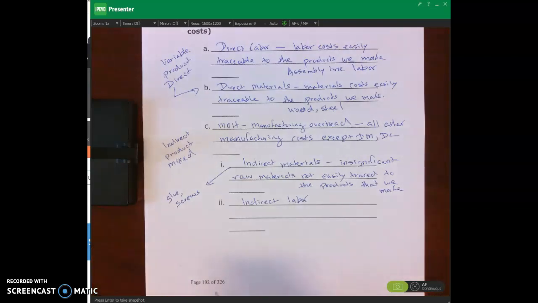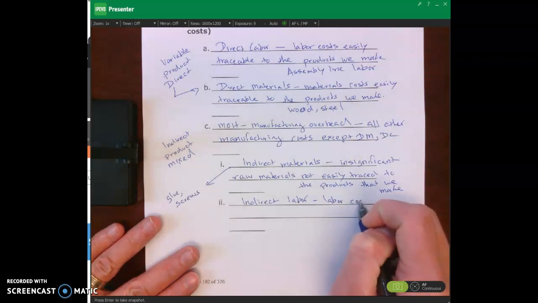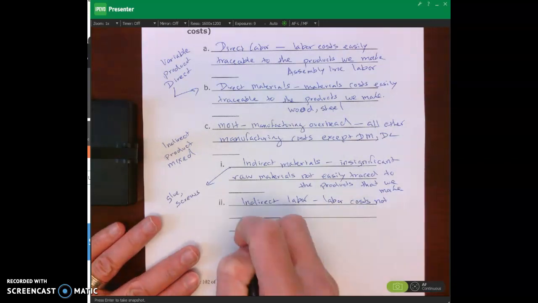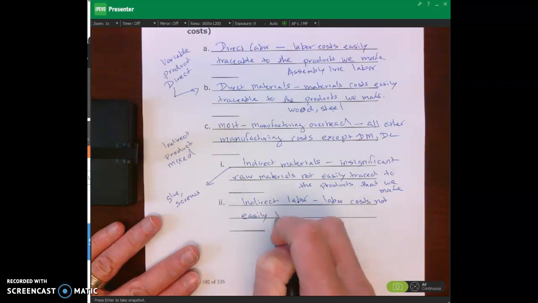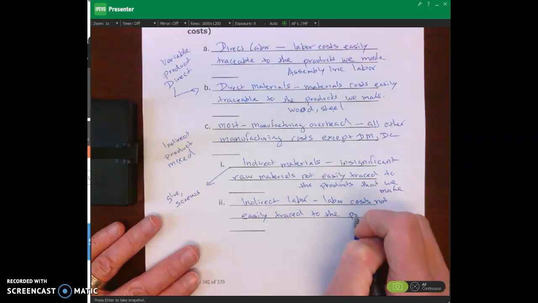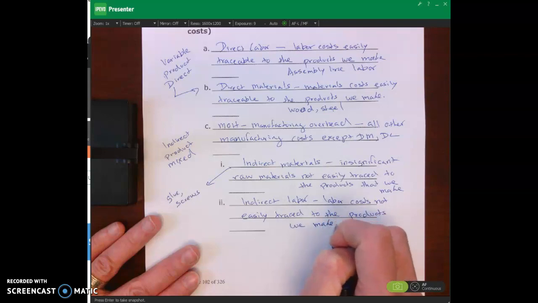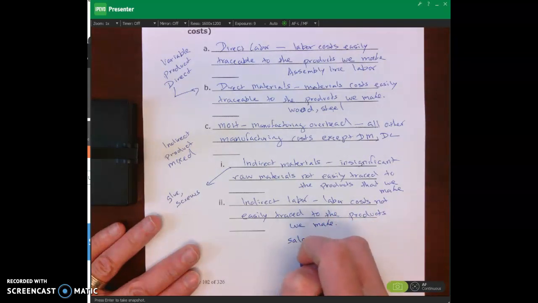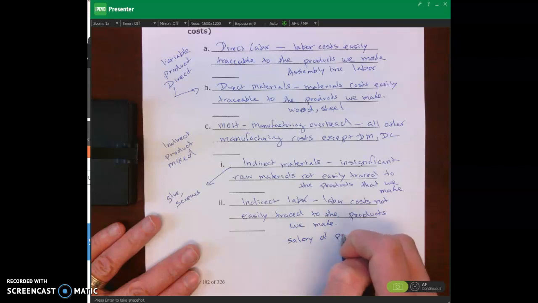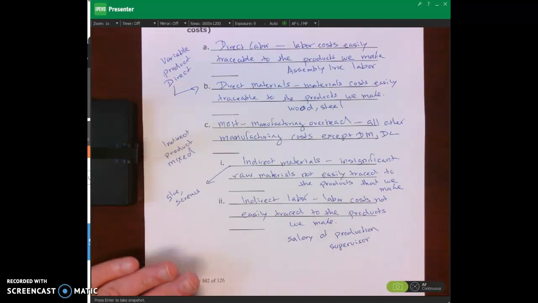Indirect labor: costs not easily traced to the products we make. So an example would be the salary of the production supervisor.